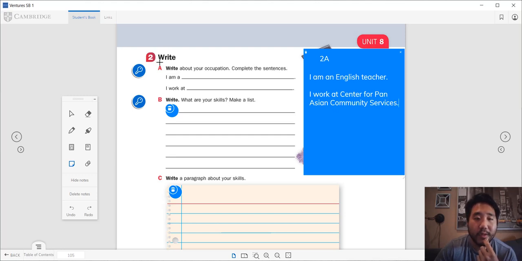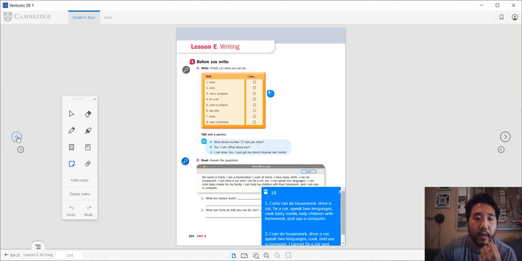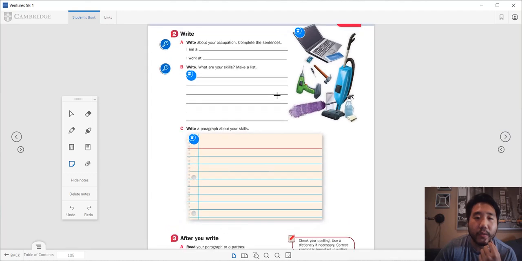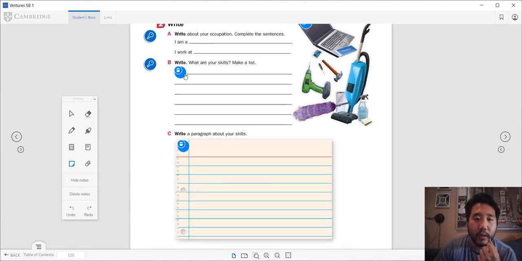For exercise 2B, write. What are your skills? Make a list. Same thing here. On page 104, there was a list of skills: drive, cook, use a computer, fix a car. But I'm going to write skills that are related to my occupation.